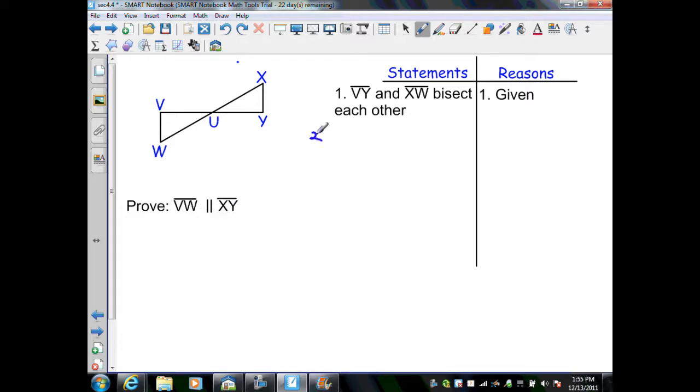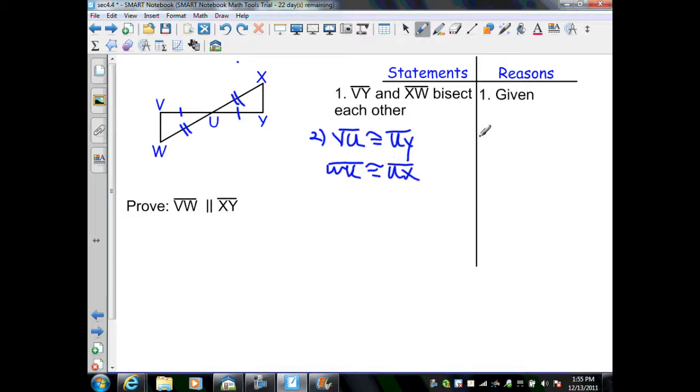So let's start with the given information. I know that segment VY and segment XW bisect each other. Therefore, point U must be the midpoint of each segment. So I can state that segment VU is congruent to segment UY. I also can say that segment WU is congruent to segment UX.